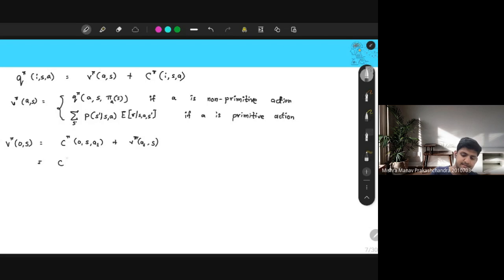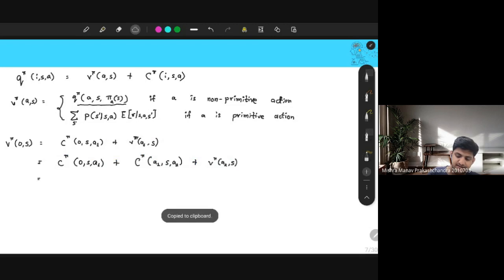So this is C pi of 0, s, a1, which was present, plus since this is a non-primitive action, we again look at the associated q function for this, which is again the completion function for the a1th subtask where I'm at s2 and I start with action a2, plus the associated value function for the a2th subtask, and so on. So you can extend this further ahead.